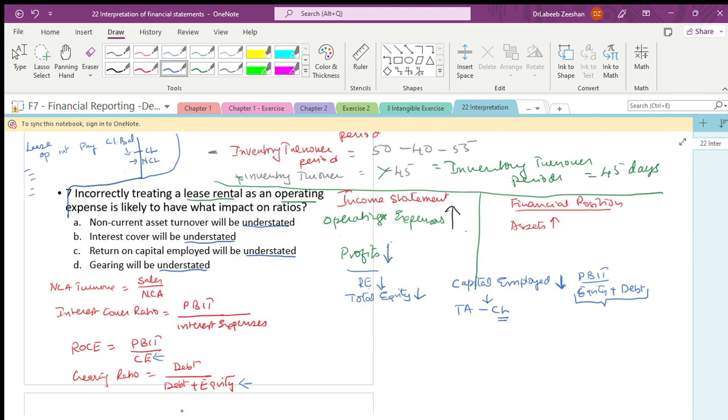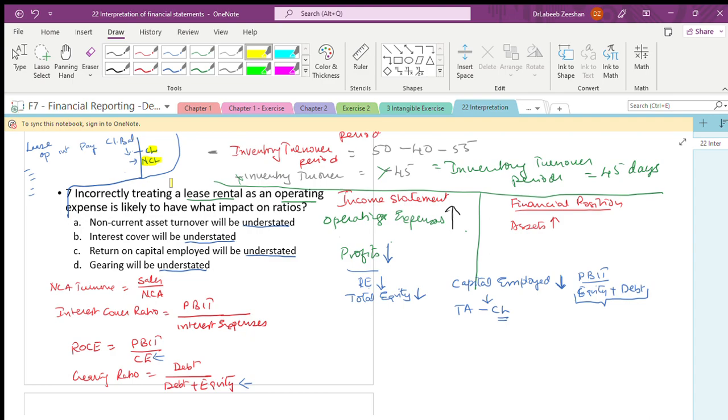Now, what happens? Just now I told you that it will have an impact on non-current liabilities as well as current liabilities. Is it lease payments? You have to identify that.